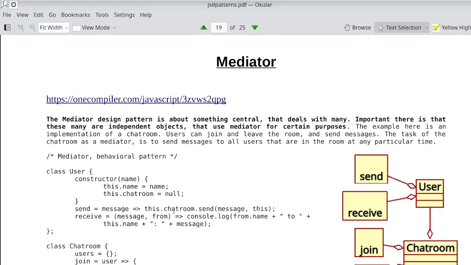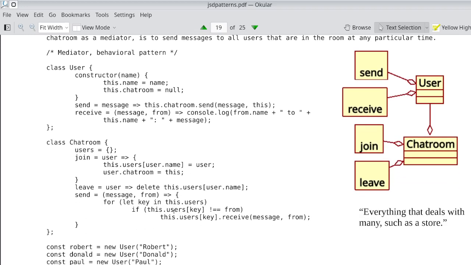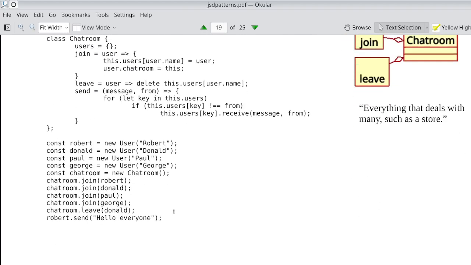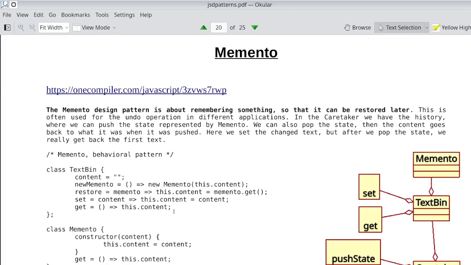Important there is that these many are independent objects that use the mediator for certain purposes. The memento design pattern is about remembering something so that it can be restored later.